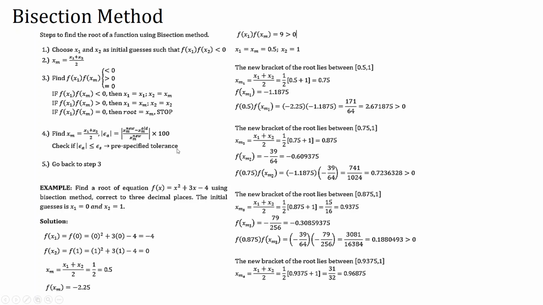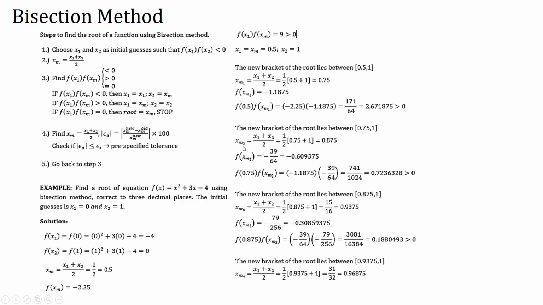Okay, so step 4 could also use the specified tolerance, but in this example I have not given a specified tolerance, so it's better to have this in the looping of the problem here. Step 3, we have to focus here on step 3. The new bracket of the root lies between 0.75 and 1.